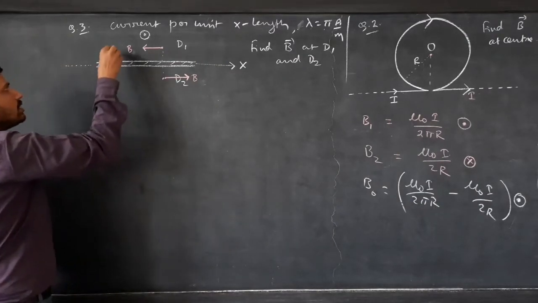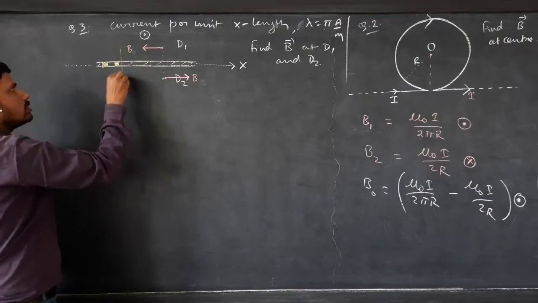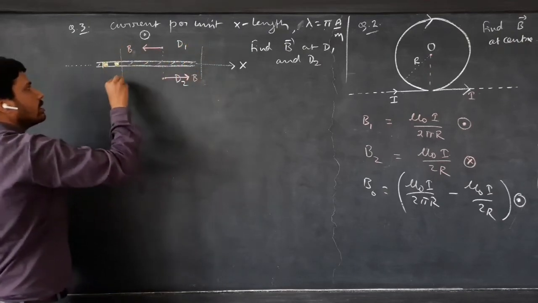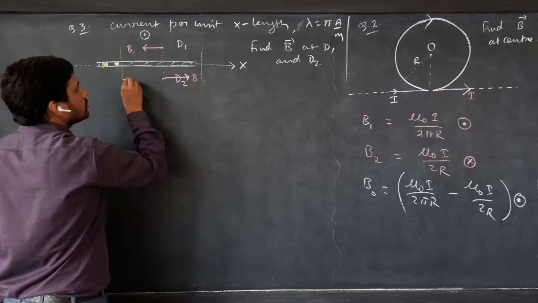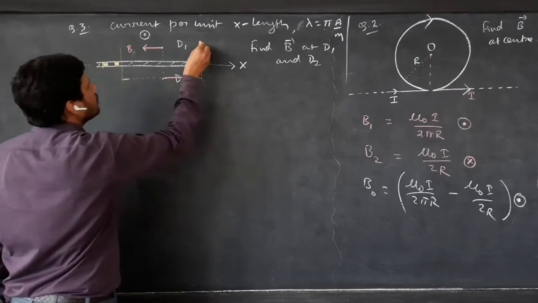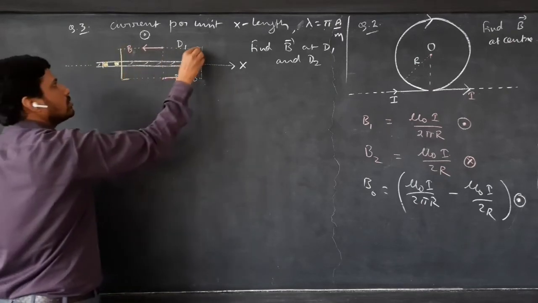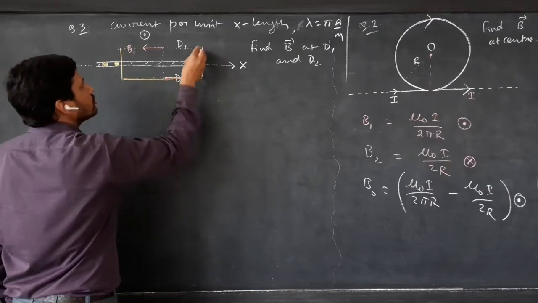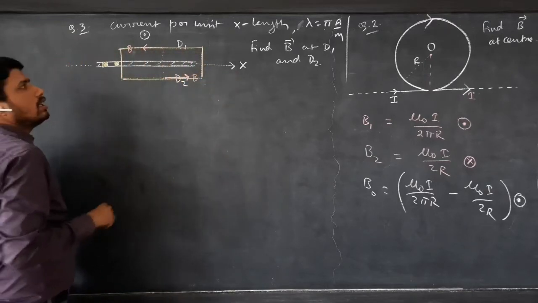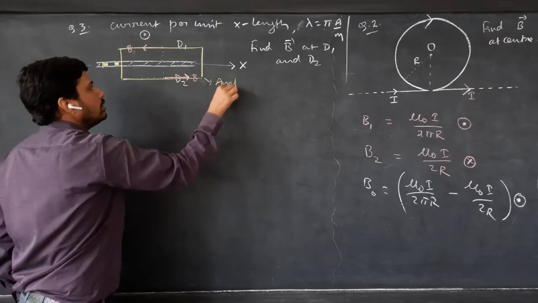So what I will do, I'll draw an Amperian loop like so in the form of a rectangle. Okay, so let me draw this properly. So this is our Amperian loop.